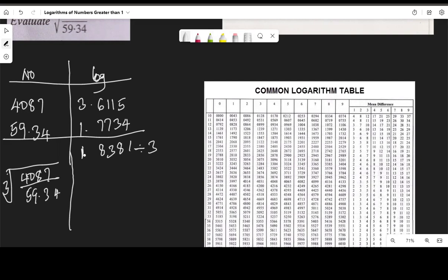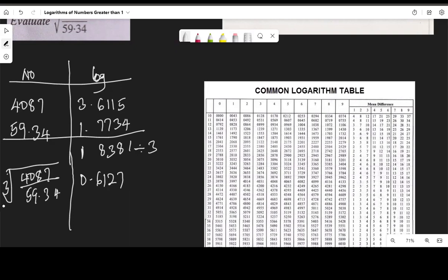Now we divide this. 1 divided by 3 is 0. Take the 1 to this 3, that is 18. 18 divided by 3 is 6. 3 divided by 3 is 1. 8 divided by 3 is 2. Remember 2. Put the 2 there, that is 21. 21 divided by 3 is 7.